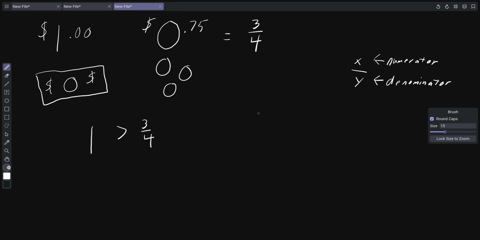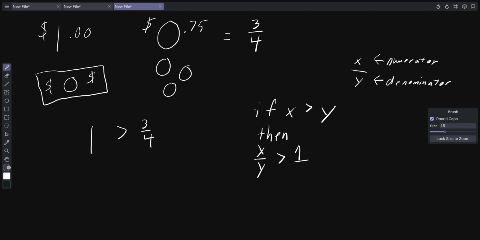So if the numerator, so if x is greater than y, then x over y will be greater than 1.